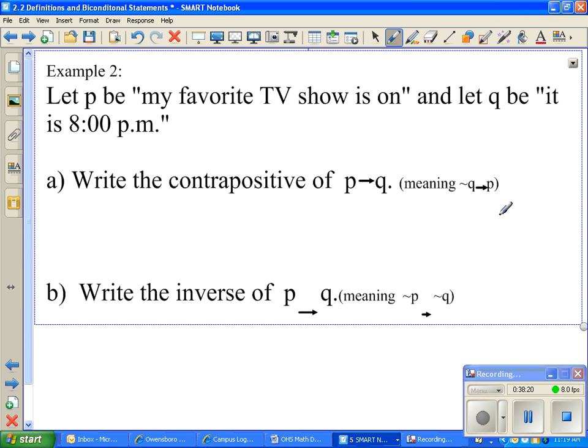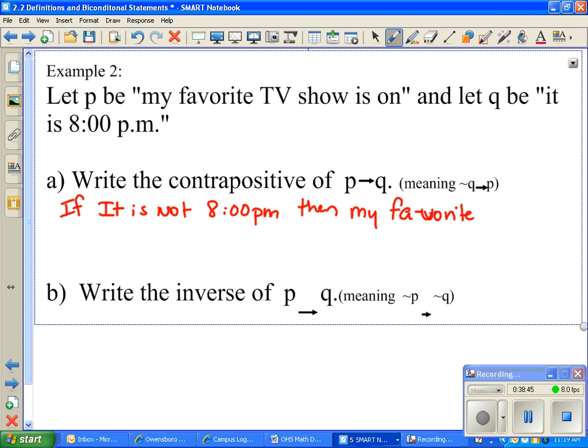Q is, it is 8 p.m., so it is not 8 p.m. Then, if it is not, excuse me, then we said P, and P is my favorite show is not on. Okay, same kind of concept.